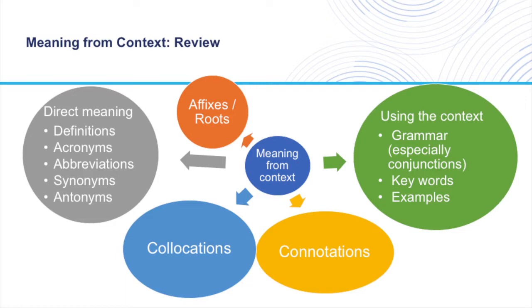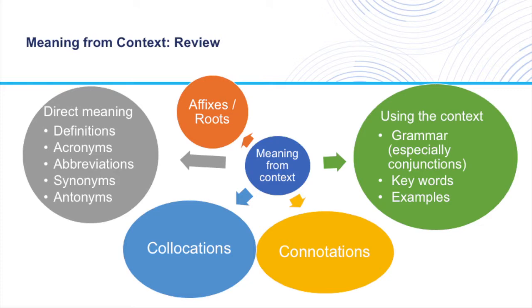Before we begin talking about passive and active vocabulary, let's look back at some of the skills and techniques that we have developed. We have learned how to use roots and affixes to form and to guess the meaning of new words. We have found that many meanings are contained directly in the text through definitions, synonyms, antonyms, and special words like acronyms and abbreviations.